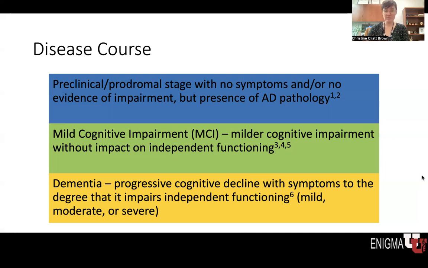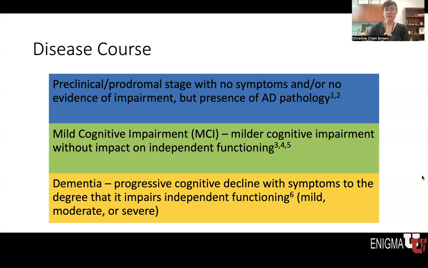There are several different staging systems, but generally mild, moderate, severe is based mostly on how someone is functioning. So that if they have mild functional impairment, but they're able to do most things on their own, maybe they just need a little help with finances, for example, we would call that mild dementia.